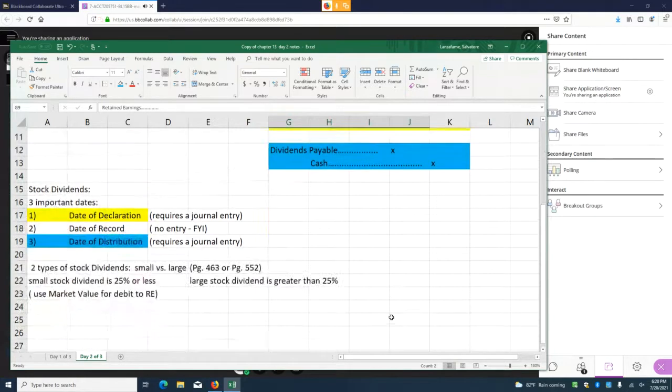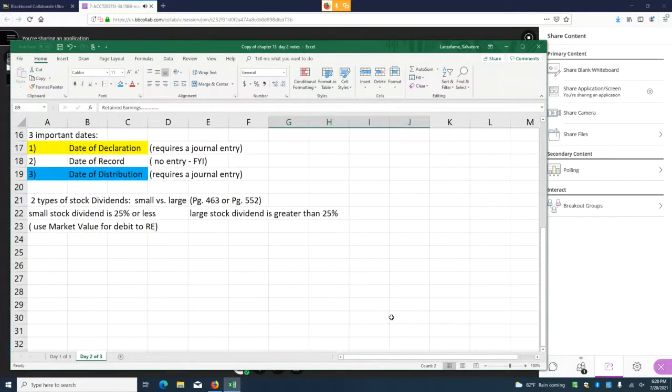Here's the thing though. If you end up using market value, there's a 99.99999% chance that your market value is going to be higher than the very extremely low par value of the stock. Remember last week I talked about how companies establish par value very small on purpose because it's illegal to sell stock below par. So the market is going to be higher than the par, right?